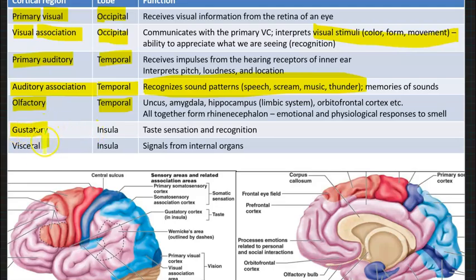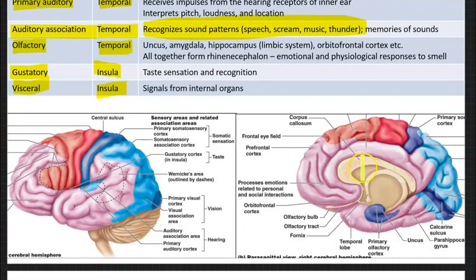Gustatory and visceral cortices are both located in the insular lobe. Okay? Gustatory cortex is responsible for taste. Insular lobe is responsible for signals from the internal organs.